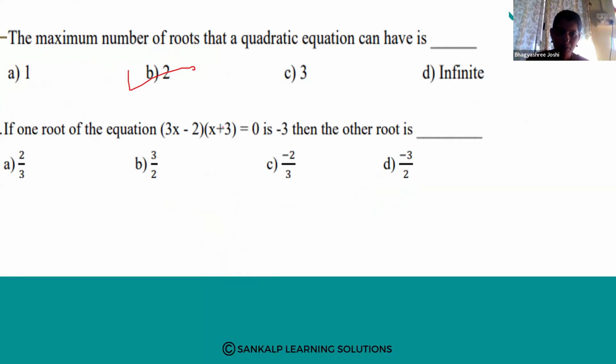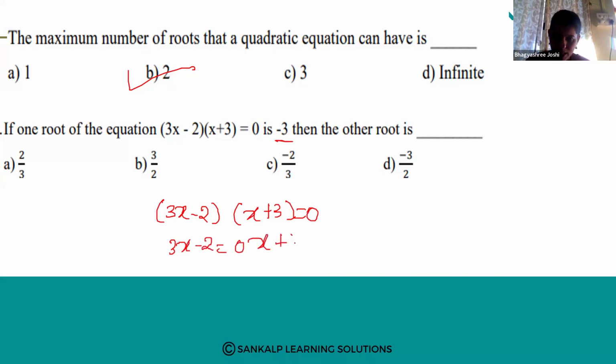If one root of the equation is minus 3, then the other root, see 3x minus 2 and x plus 3 equal to 0. One root is minus 3, then the other root they have asked. So 3x minus 2 equal to 0, x plus 3 equal to 0. Now transfer this, 3x is equal to 2.